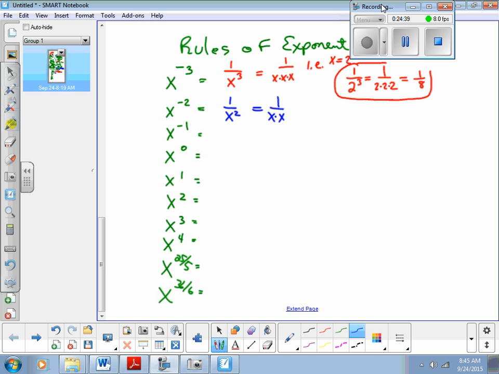You need me to show you an example for that? You understand you can pick any number. Let's do one example just to make sure. Let's do a negative 3. Because I want to show you what happens with the negative numbers. Okay?